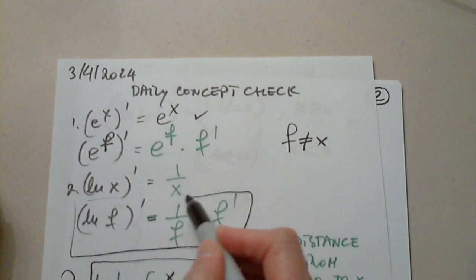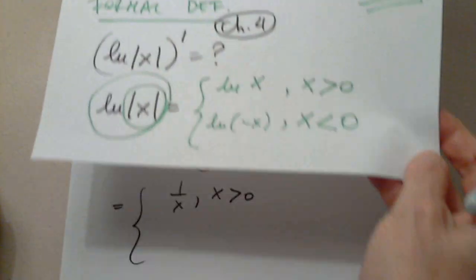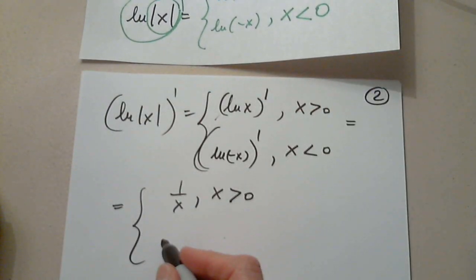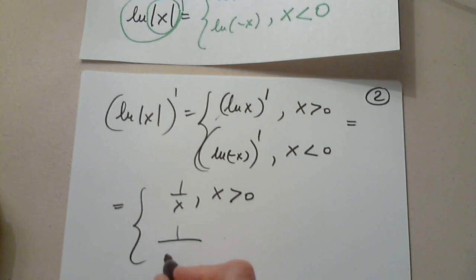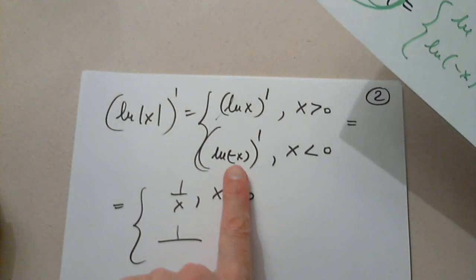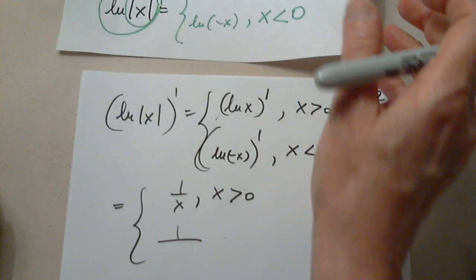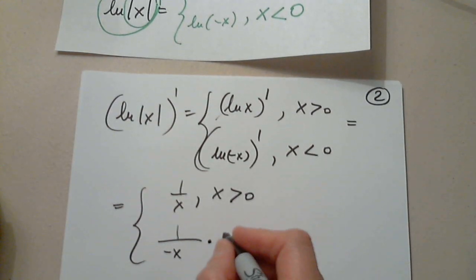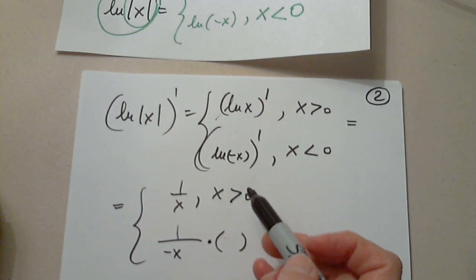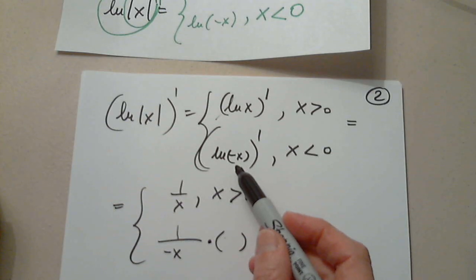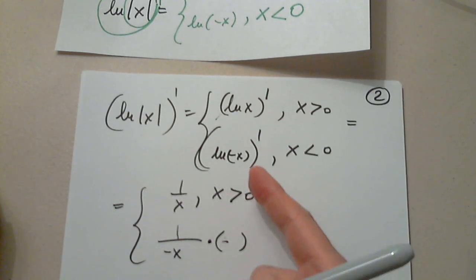So we have to use this formula. Would it be 1 over x times... careful, careful, careful. 1 over negative x? Excellent. Times the derivative of negative x, negative 1?